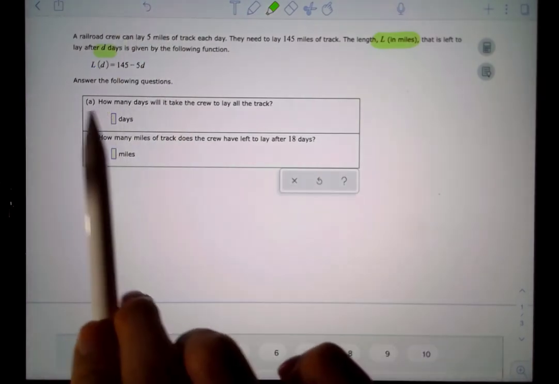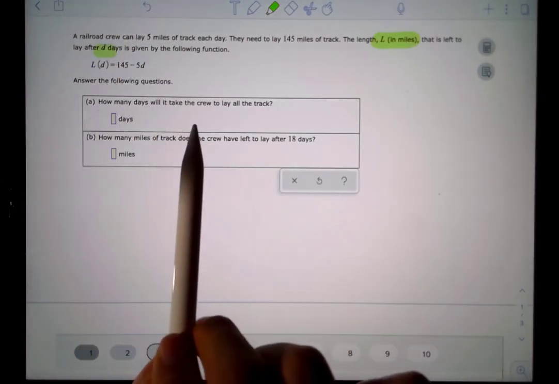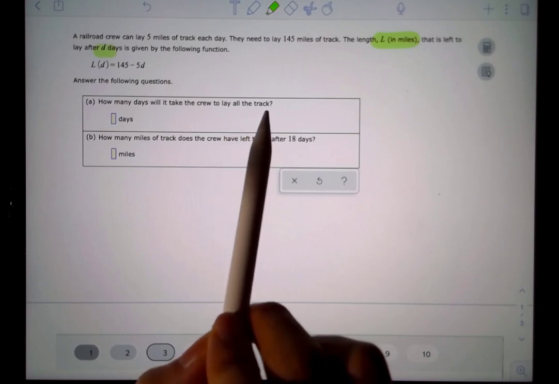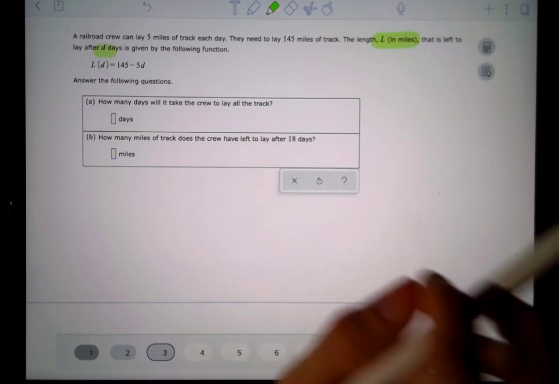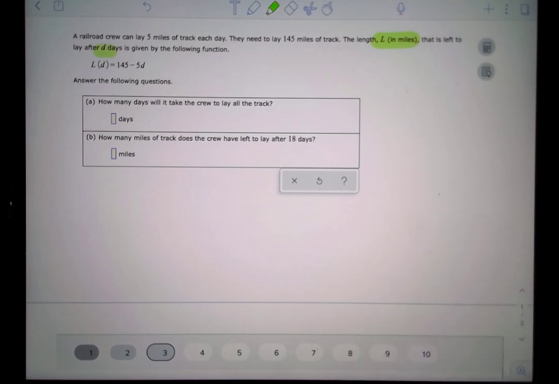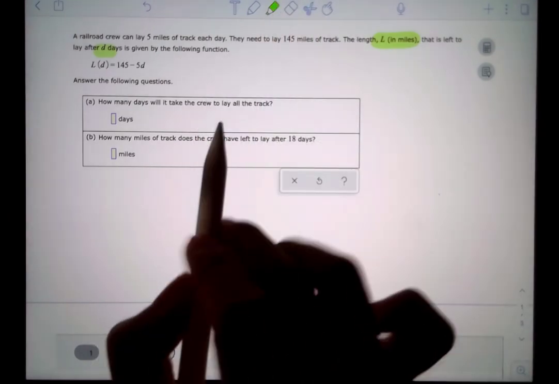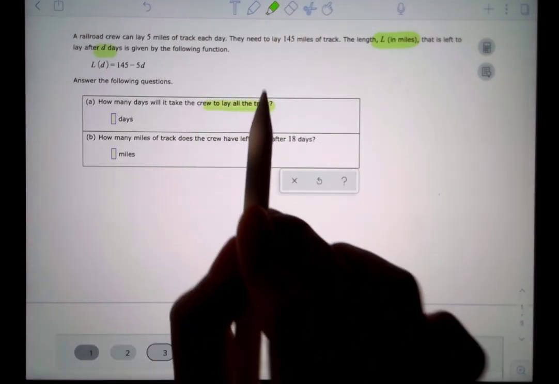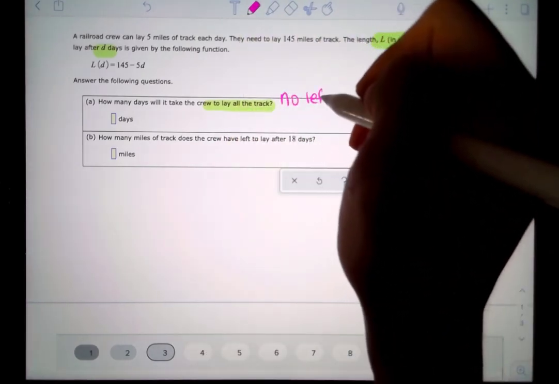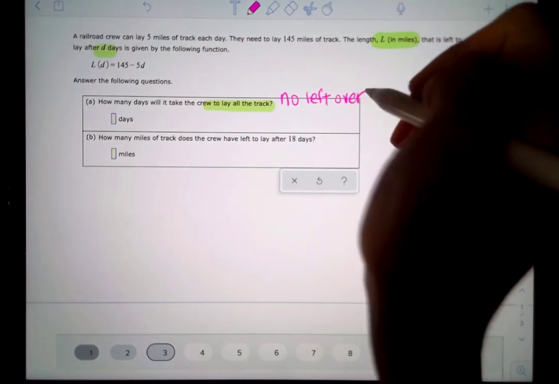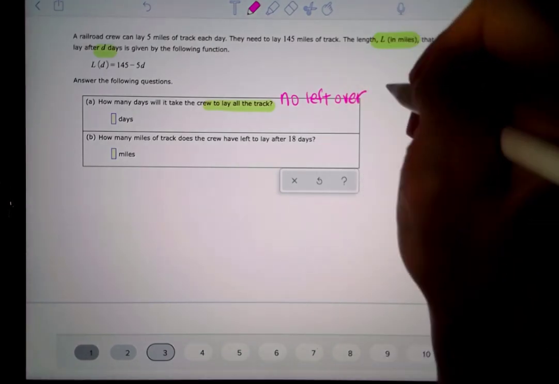And then, look, how many days will it take the crew to lay all the track? All the track. So if the crew lays down all the track, then there's no leftover, right? No leftover. That means your L will be what?